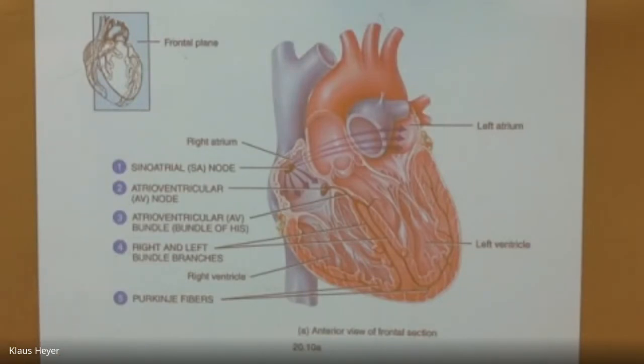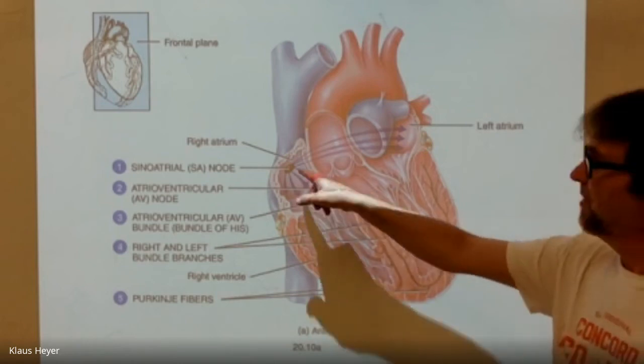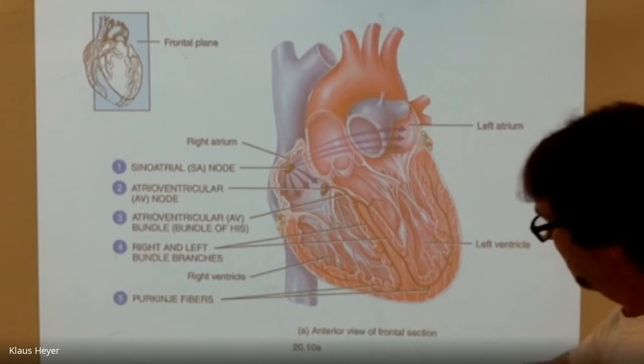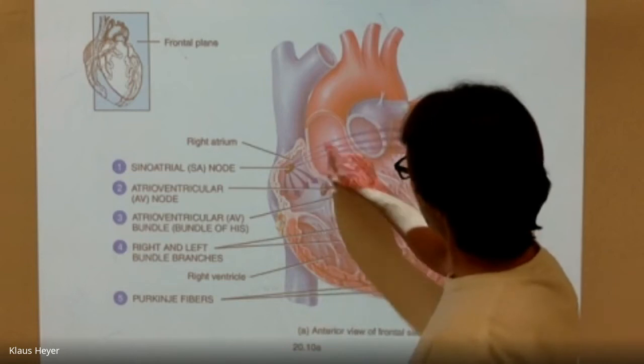So the pacemaker of the heart is in the right atrium. It's up here, the sinoatrial node, the SA node. So that's the pacemaker of the heart. You could see like these arrows where it goes, right?